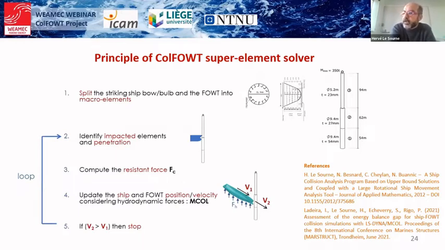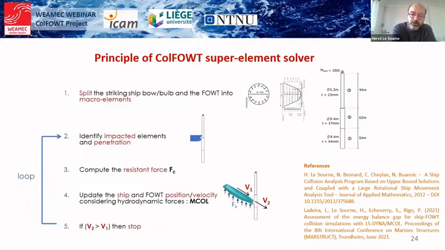And then at each time step, the penetration of each impacted superelement is estimated geometrically. And in a third step, the contact force is calculated by considering either a rigid ship impacting a deformable wind turbine or a deformable ship striking a rigid wind turbine.